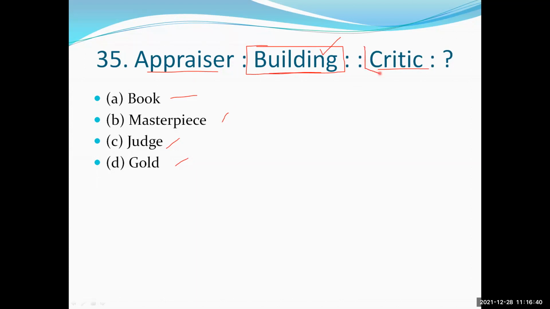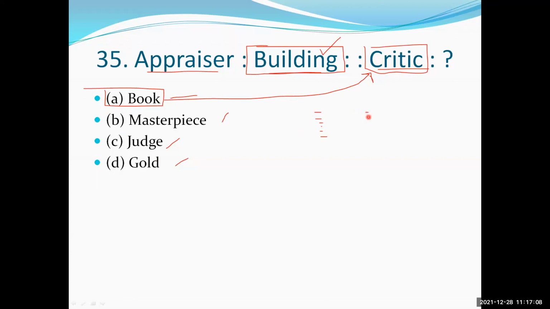Who is critic? Critic is a person who criticizes. So criticizes means what? The same right he has about a book. When a book is published and then read by the critic, what is the work of that critic? He will try to find out a number of drawbacks or defects or problems or weak points of the book. Also, he will point out strong points.